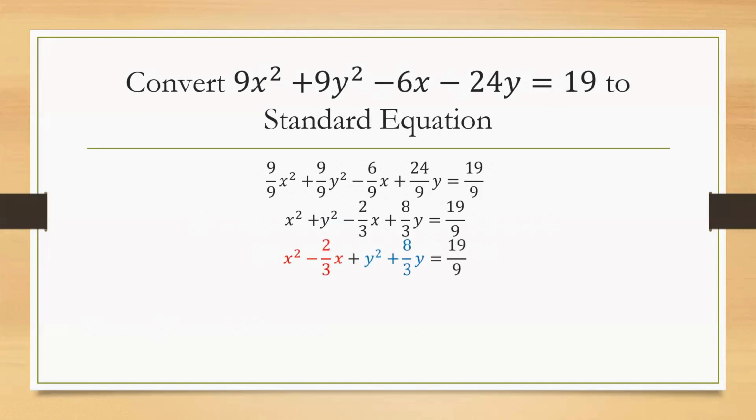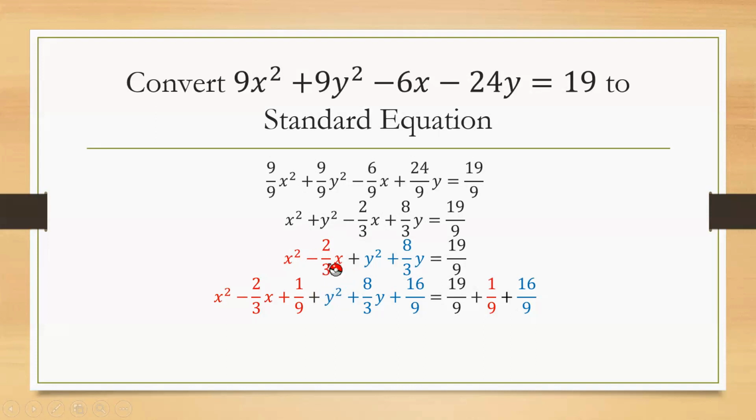Next, what we have to do is to regroup the terms. So we group our x's, and then we group our y's. So the next thing to do here is to complete the squares. Again, negative b over 2 squared.